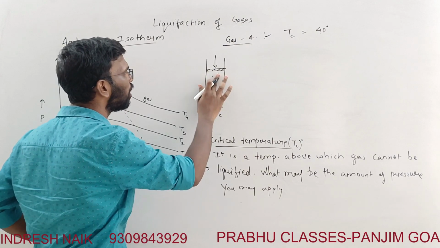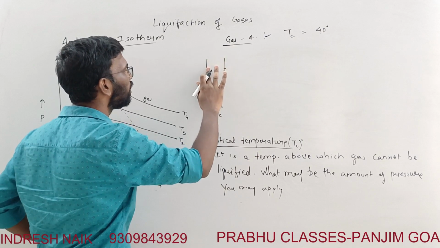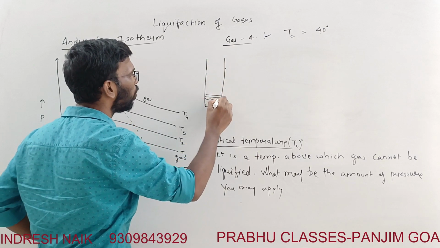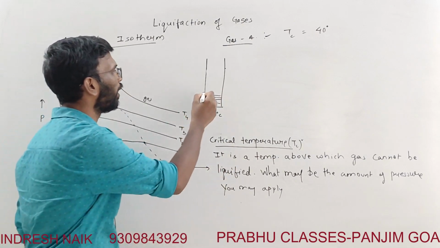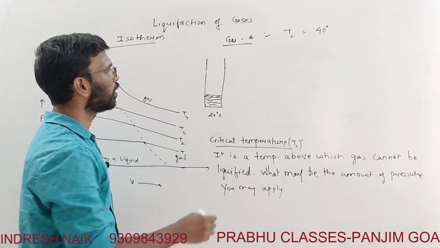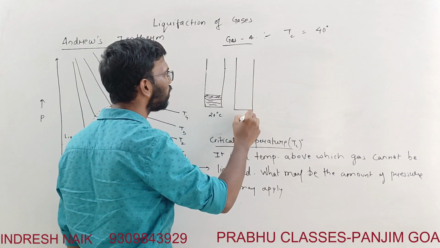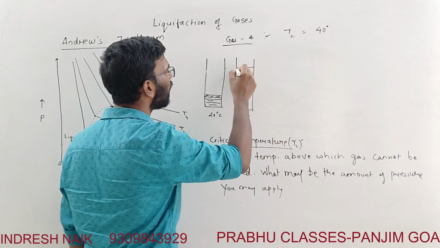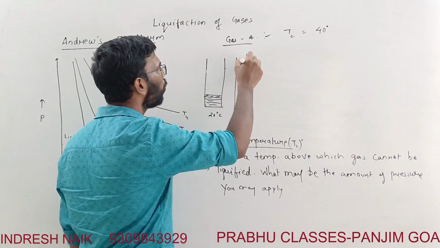The gas is getting converted to liquid because the temperature is still 20 degrees. In the second setup, the temperature is 35 degrees and the same amount of the same gas is there. You put on pressure.